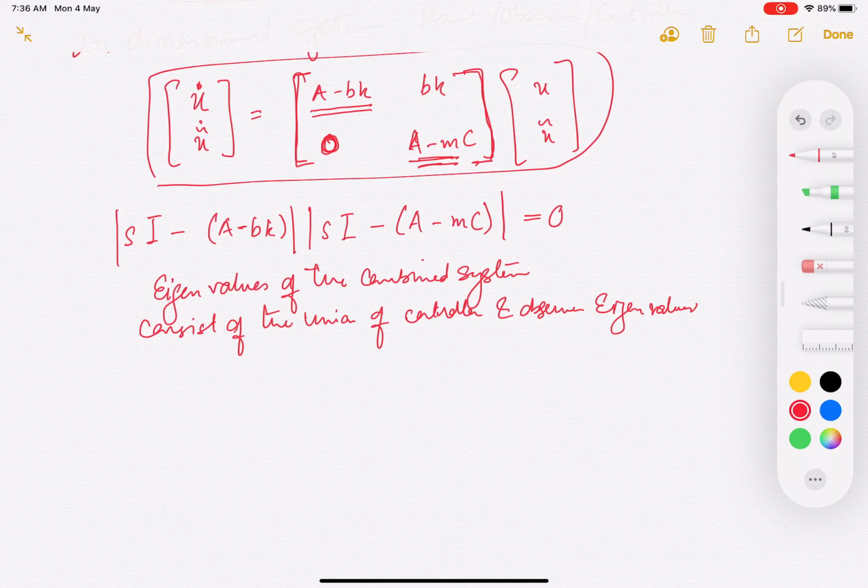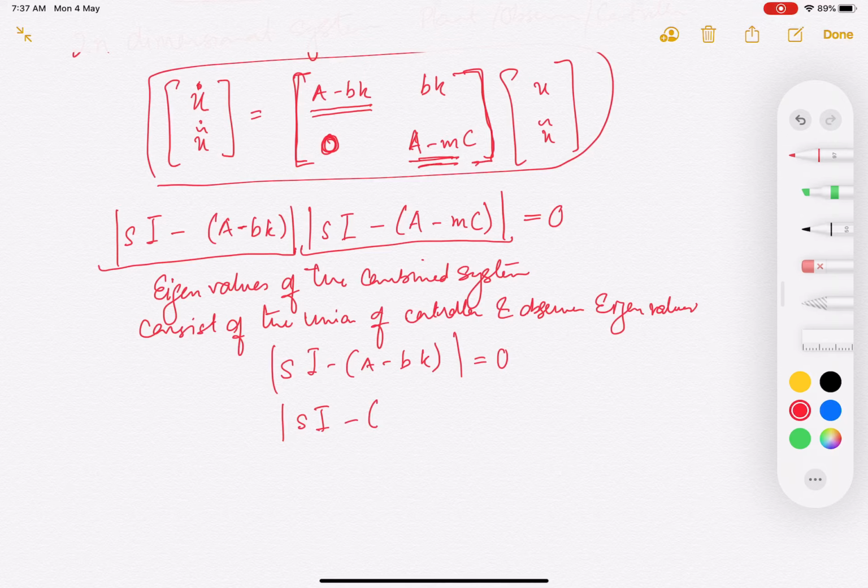Because when you say that the product of these two determinants is 0, that means individually sI minus A minus BK, this determinant is 0, and sI minus A minus MC, this determinant is 0, which means that the design of the control law and the observer law can be done separately.